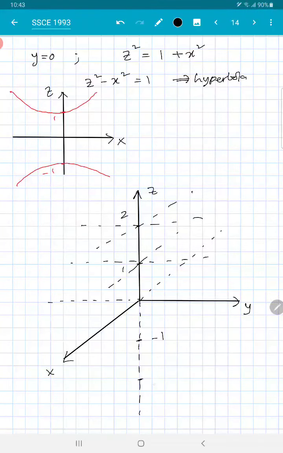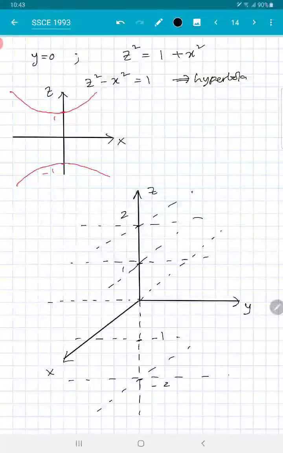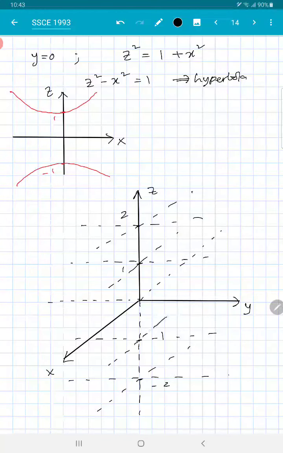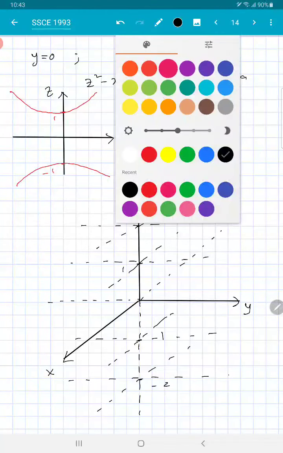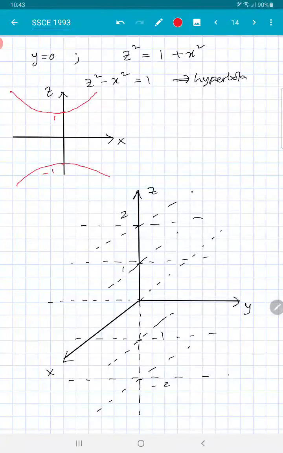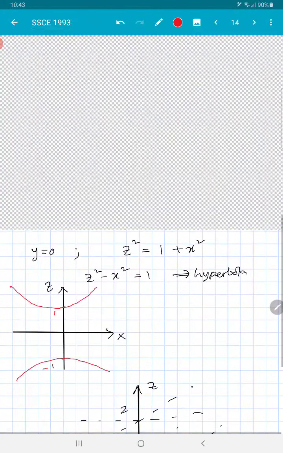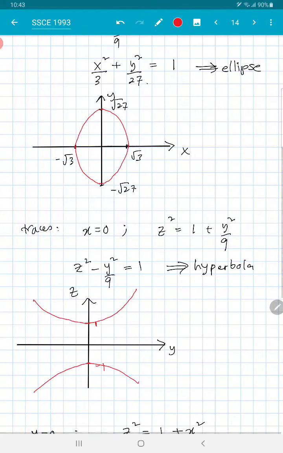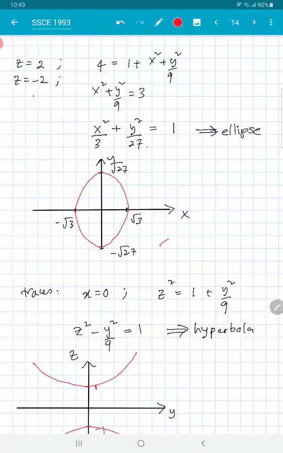And this would be negative 2. Okay, so we're going to sketch the level curve on these 4 planes. The first one is for z equals 1 and negative 1. For z equals 1 and negative 1, we only have points, 2 points, all right? And then for z equals 2 and negative 2, we have the same size ellipse.